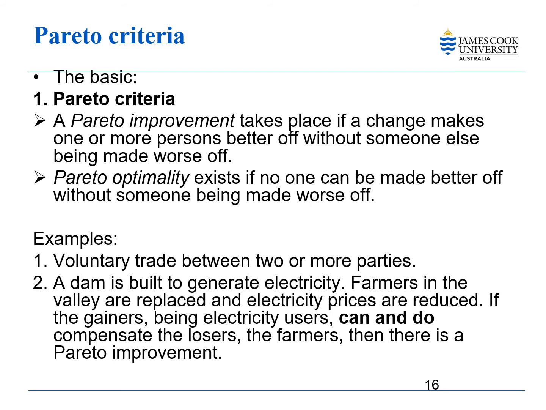Okay, so this Pareto criteria says that a project, a change, is a Pareto improvement if the project makes one or more persons better off without making anybody worse off. So somebody, due to this project, is better off and nobody is worse off.